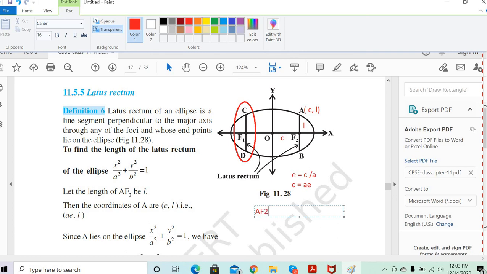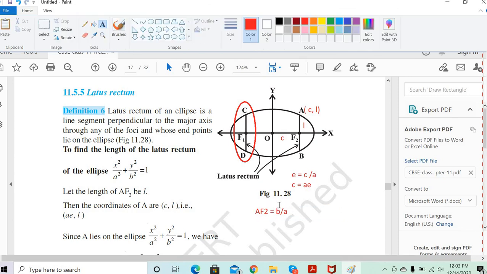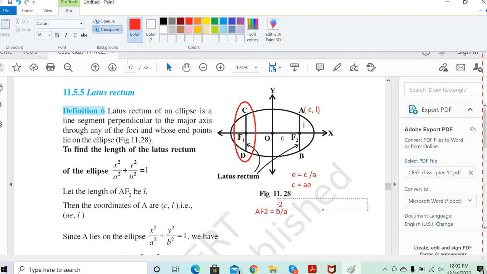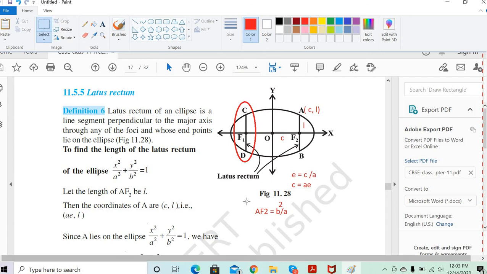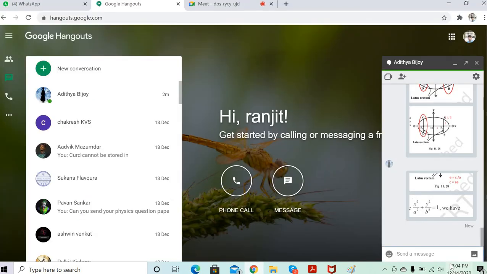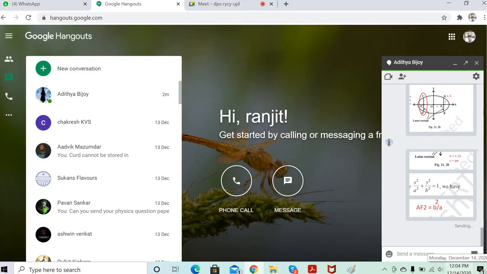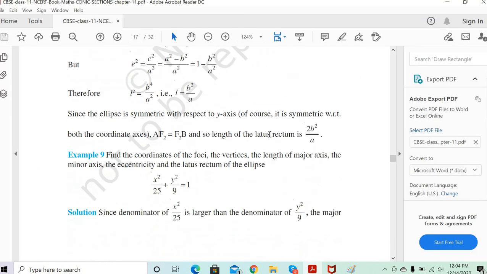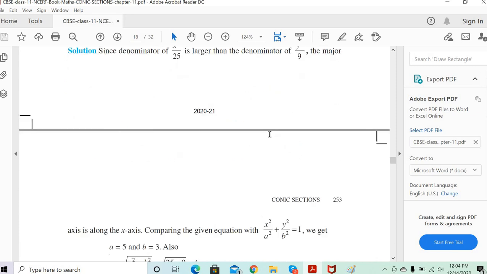So AF2 is nothing but B square by A, so the latus rectum would be 2B square by A. Excellent. Twice of AF2 will be equal to latus rectum. Clear? Yes, sir. Clear. So 2b square by A will become the latus rectum, right?